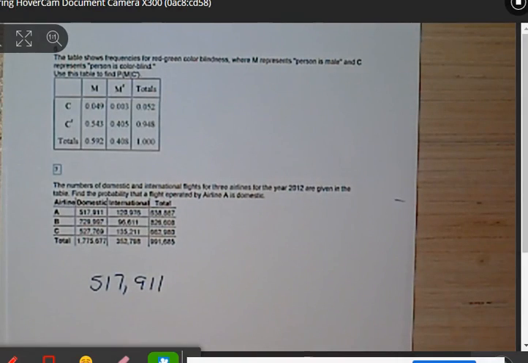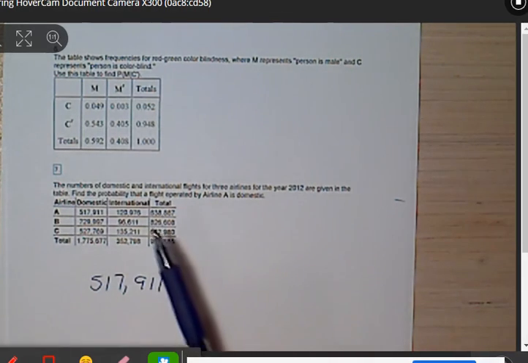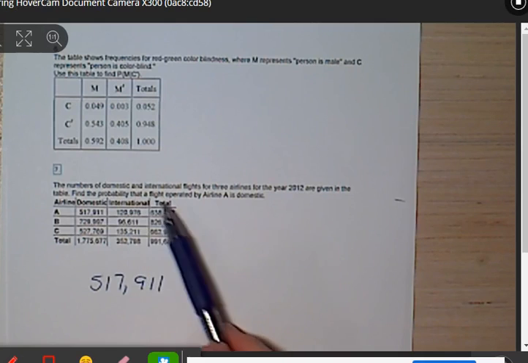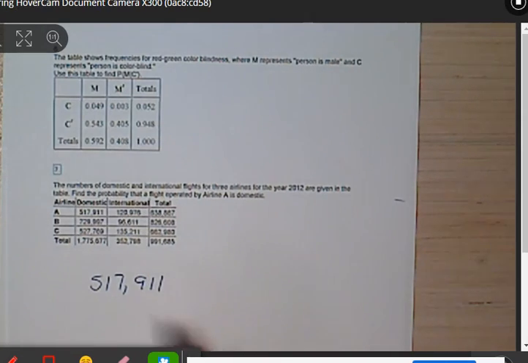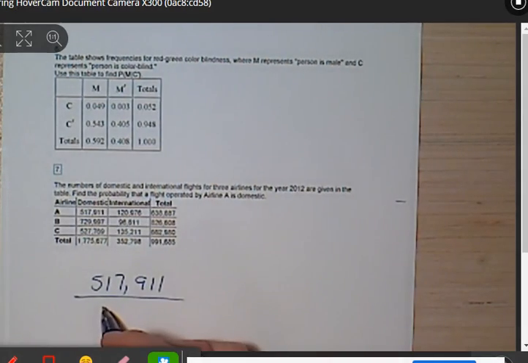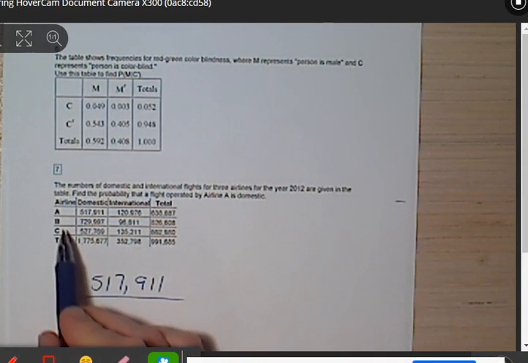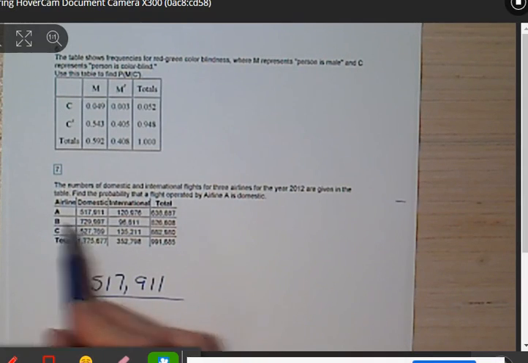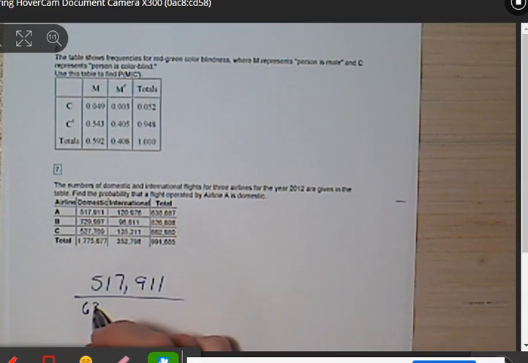So that would be the 517,911. And the question is, find the probability that a flight operated by airline A is domestic. They're asking for flights operated by airline A, so we're going to divide that by the probability of A. In that case, that would be the total that's here of 638,887.